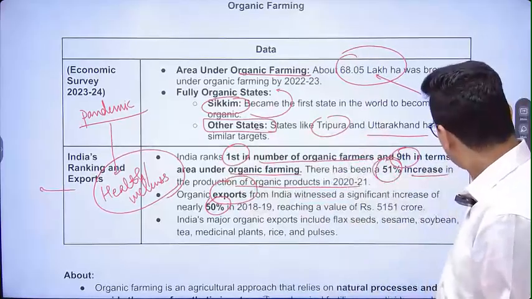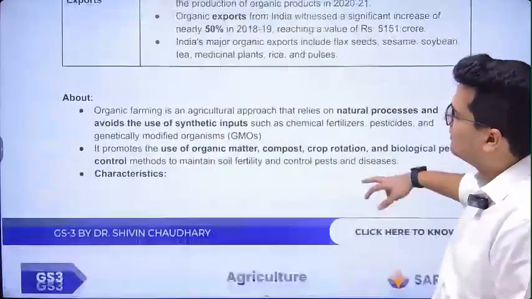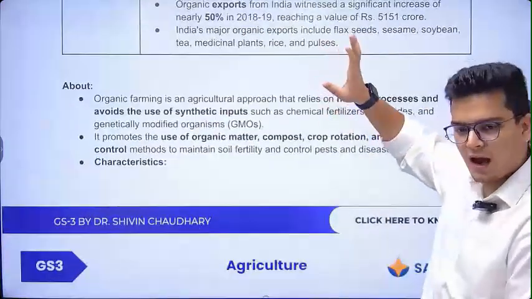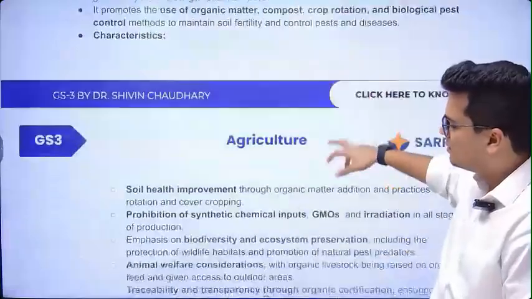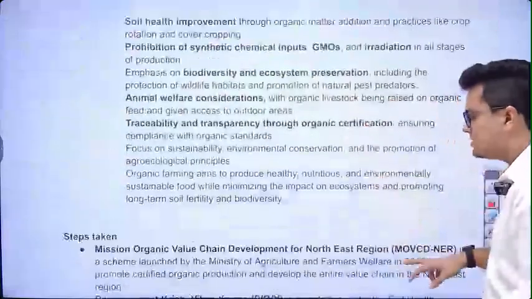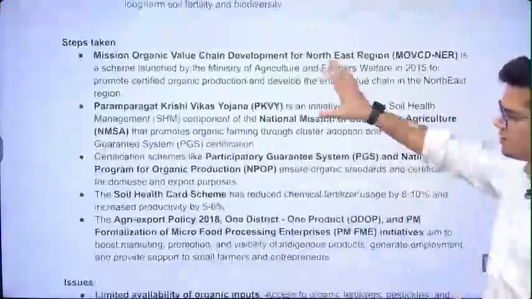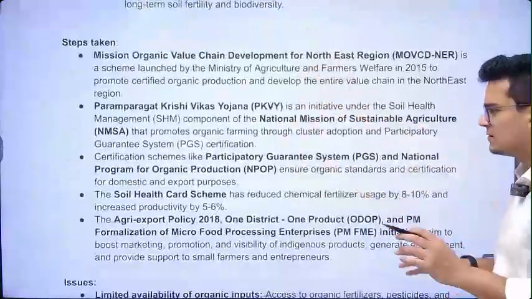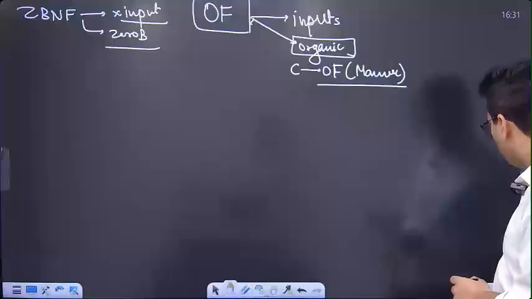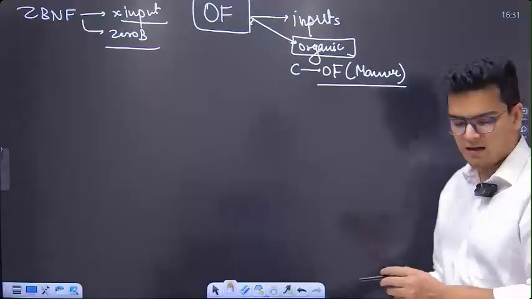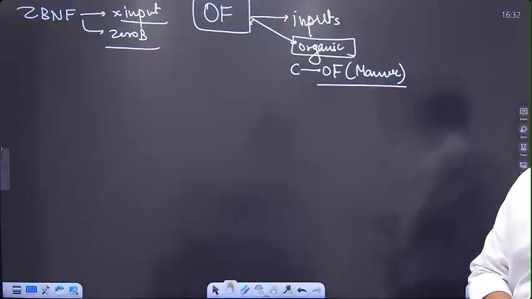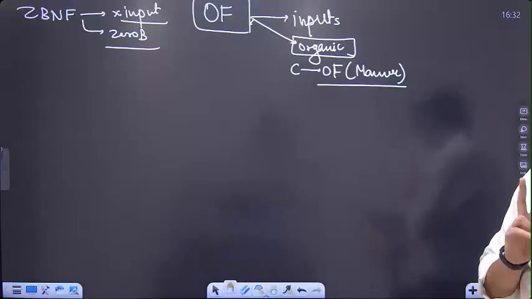Now, the idea of organic farming we understand. What we have to understand now is what steps have been taken. Here I need to tell you a couple of things. There are 2 schemes for organic farming in India that are mainly functioning. Okay. There are 2 schemes.